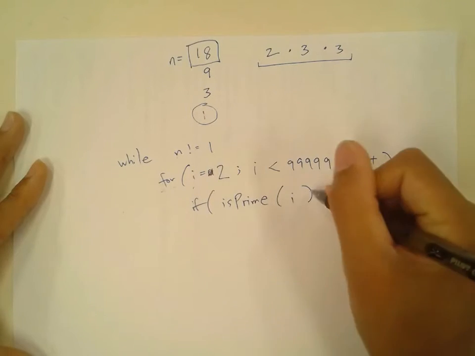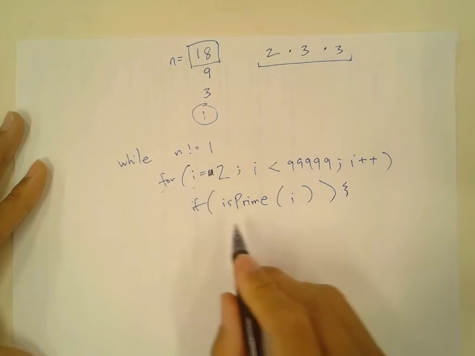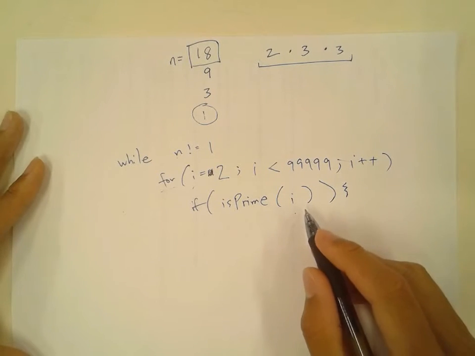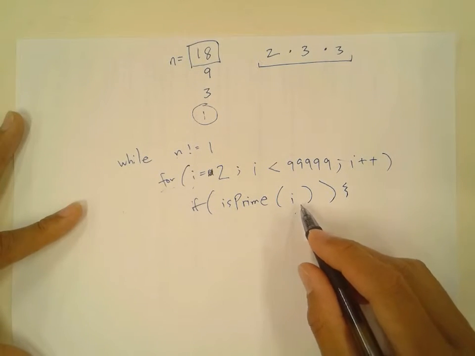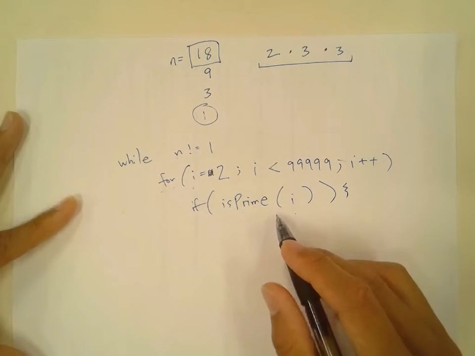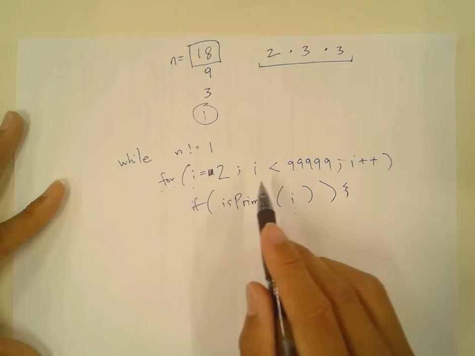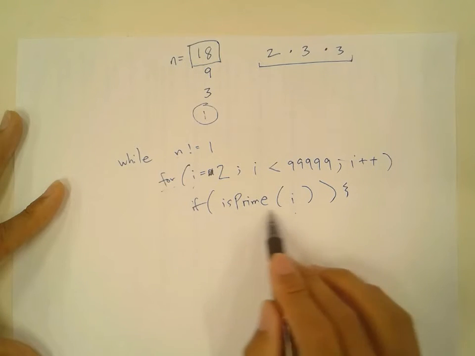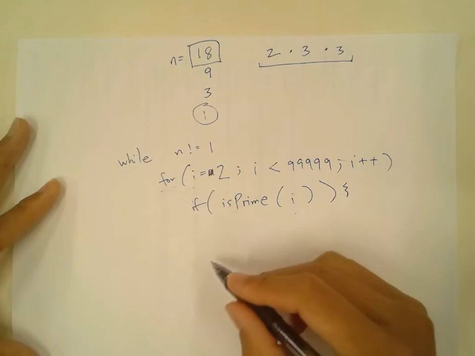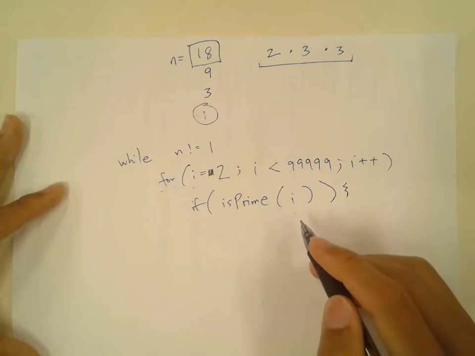It's going to return false if i is not prime. So okay, great. Now i is prime. That's the lowest possible prime. It's going to be 2, then 3, then 5, and 7, right? So when i is equal to 4, this is going to return false, and this body is not going to execute, right? So once we get into this if statement, we know that i is a prime number.